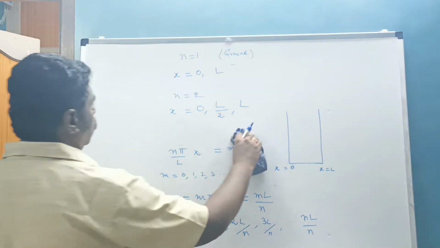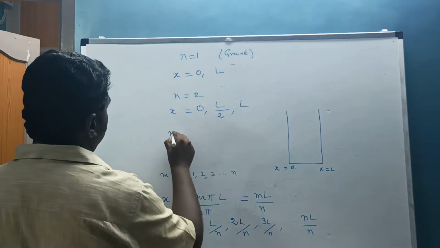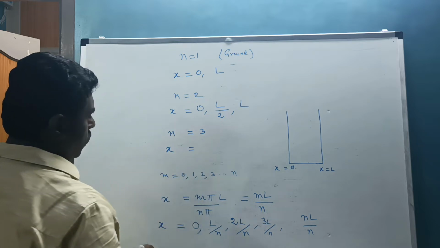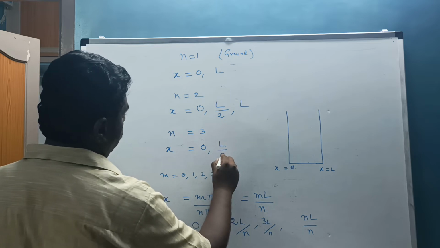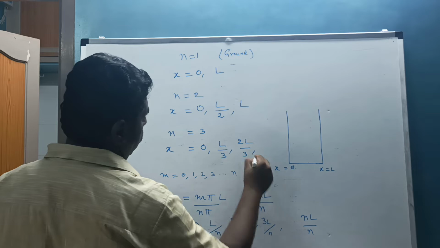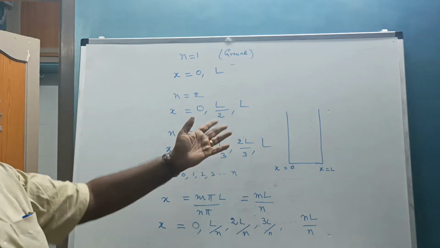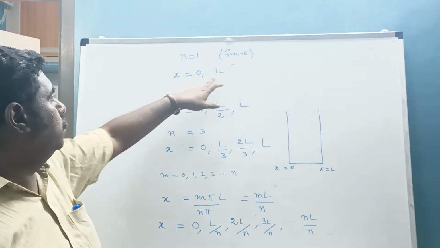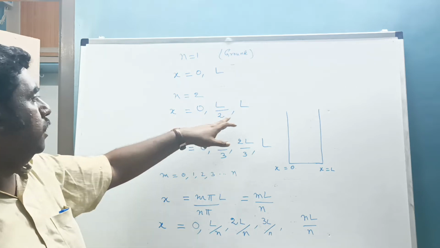If I say n equal to 3, then the positions of the nodes are x equal to 0, then L by 3, 2L by 3, and 3L by 3, which is L. In total, 4 nodes are present. For n equal to 1, 2 nodes are present. If I say n equal to 2, then 3 nodes are present.